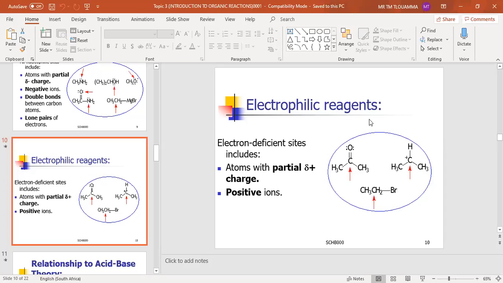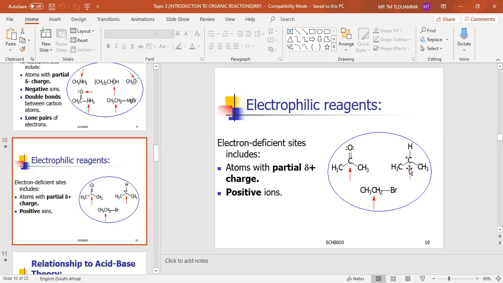So if we can check, we all know that carbon is positively charged, right? So on my example here, I only see the arrows which are directed to the carbon atom.